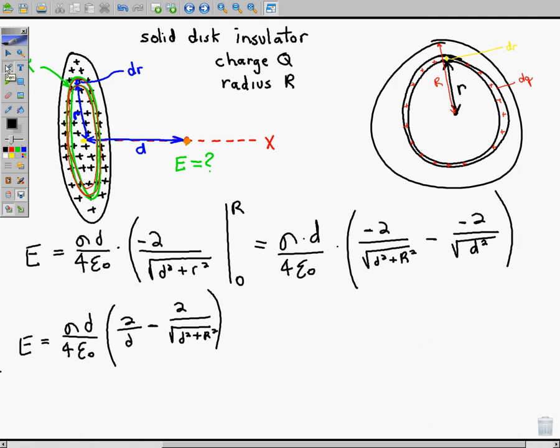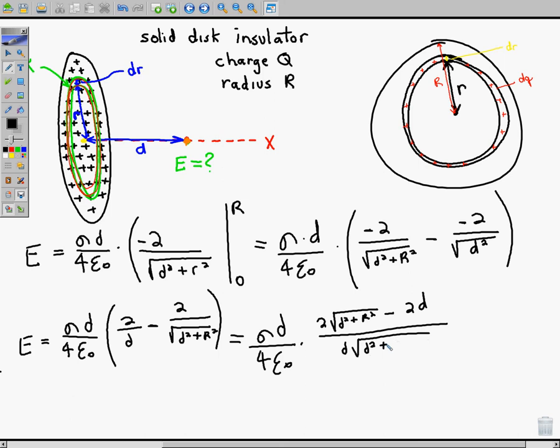And so if you get a common denominator, what is that going to be? 2 square root of d squared plus r squared minus 2d all over d times the square root of d squared plus r squared.